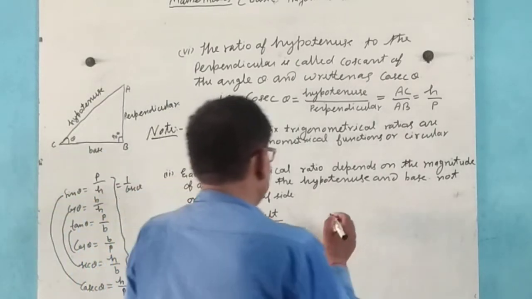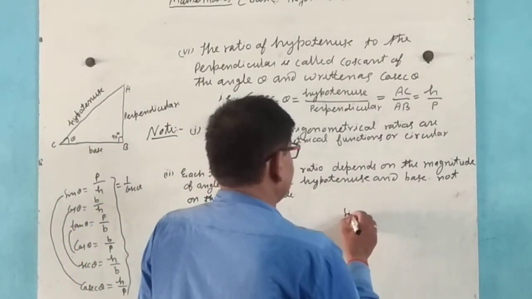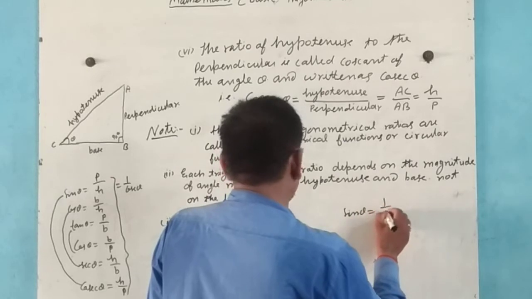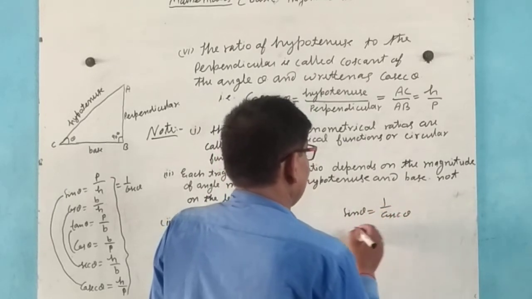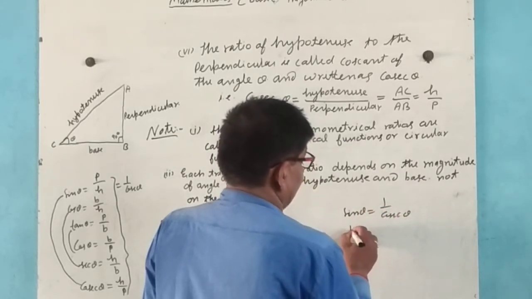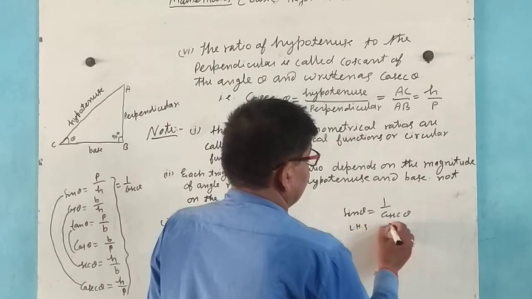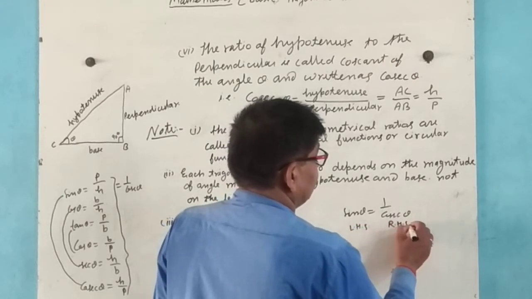Now, first of all, sin theta equal to 1 by cosec theta. This is left hand side and this is right hand side.